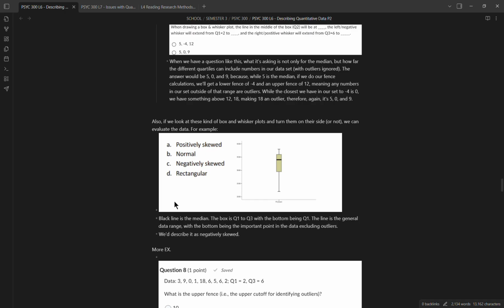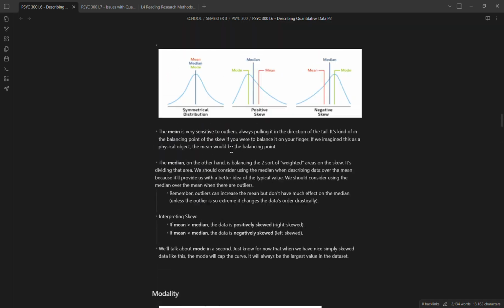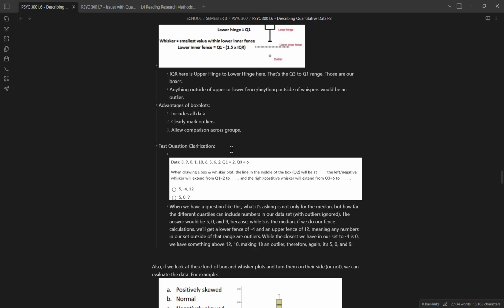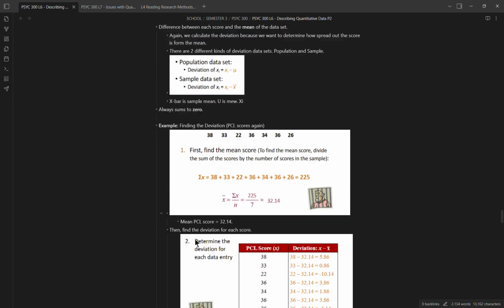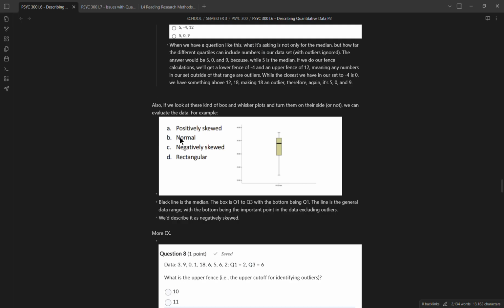Just turn it right, and then see which way the long side of the box and whisker plot is facing. In this case, it is facing towards the left. As we know, if the box and whisker plot has its tail facing towards the left, it is negatively skewed.